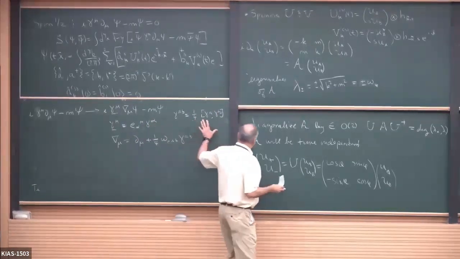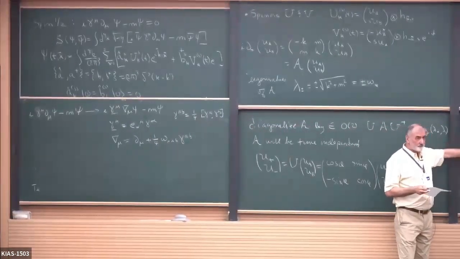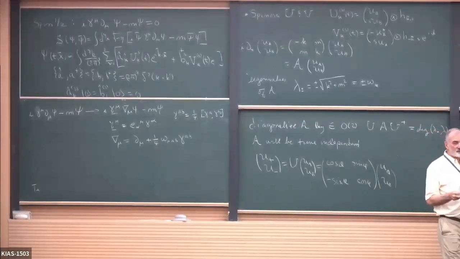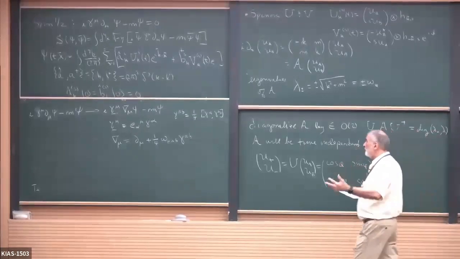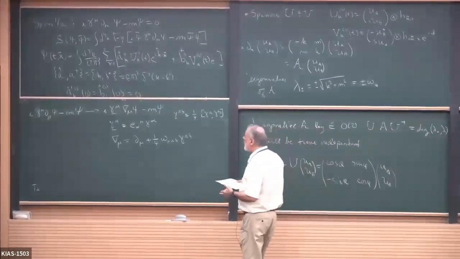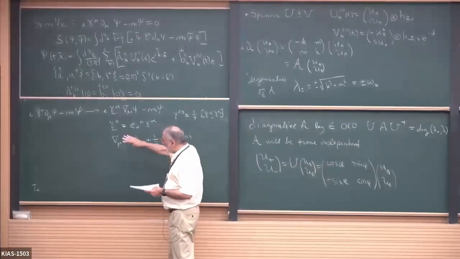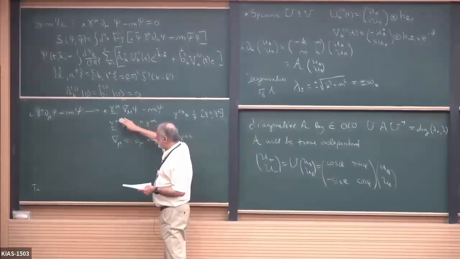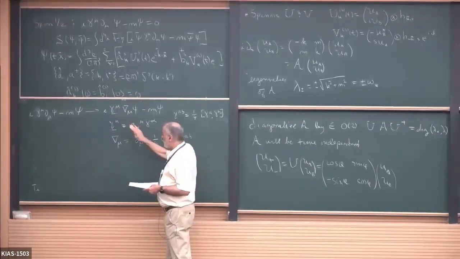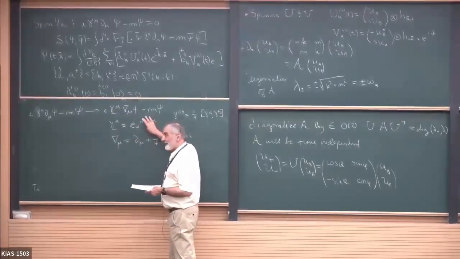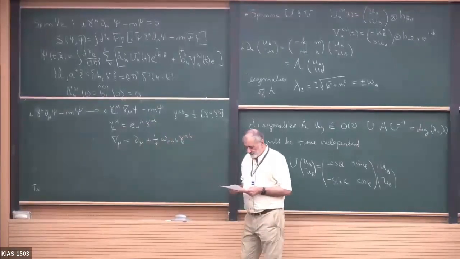Now, how to get this? I refer to this paper, but I've already discussed what you have to do. The metric eta mu nu goes to g mu nu, and the derivatives go to covariant derivatives, and the gamma matrices, the vectors here, are expressed in terms of the flat space vector and the frame field.